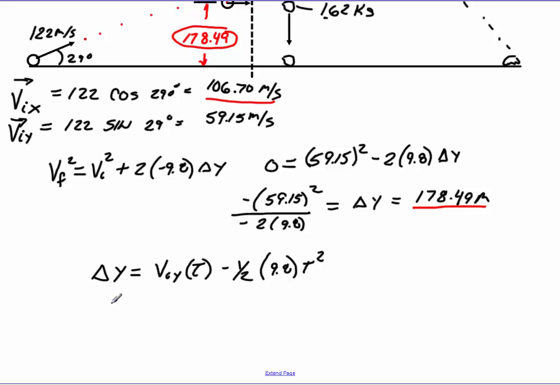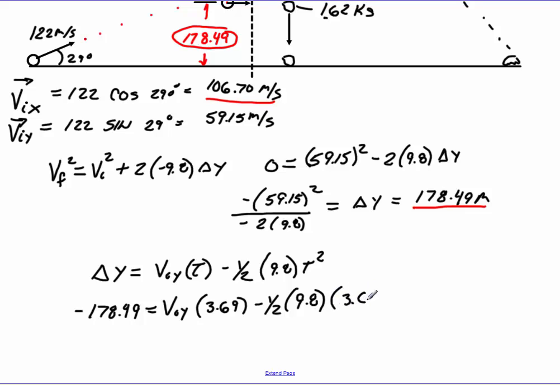Now we know our time, so we know our delta y too because we found it here. Now we're going to be traveling down, so we're going to make that negative 178.49 is equal to Vi in the y times our time, and our time was 3.69, minus 1/2 times 9.8 times 3.69 squared.